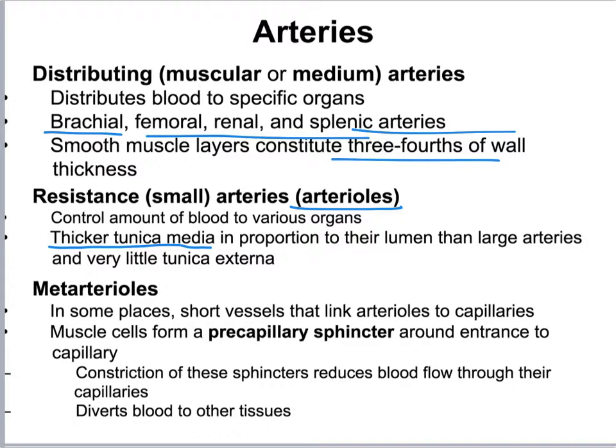And you will also have what are called meta-arterioles. These branch off from arterioles and then connect into venules. So they link arterioles to capillaries, and thus from capillaries to venules.